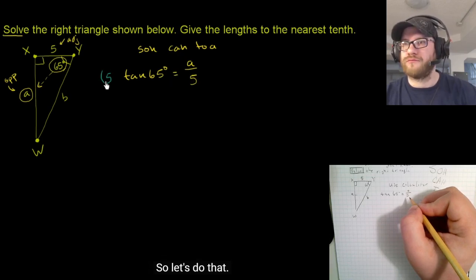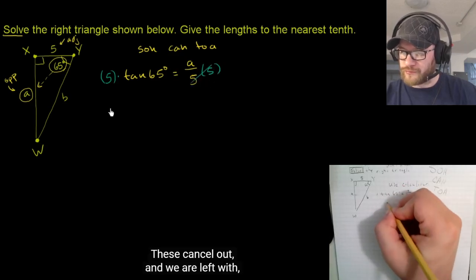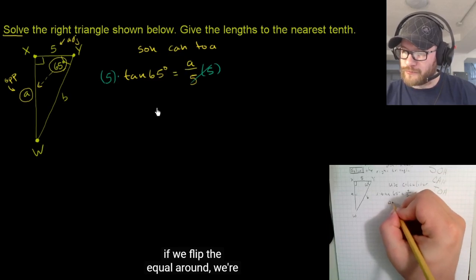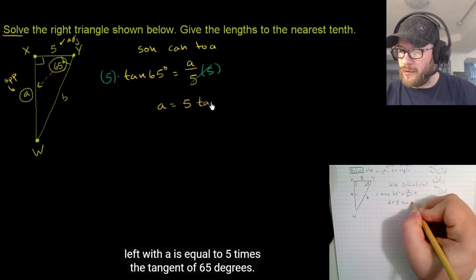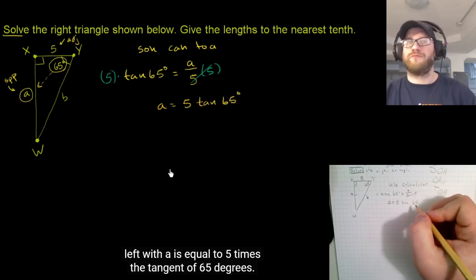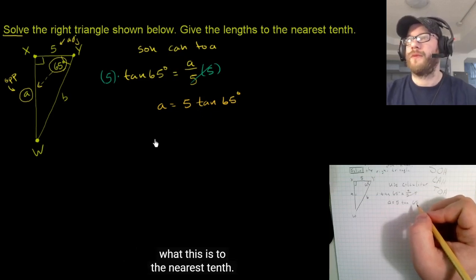So let's do that. 5 times 5. These cancel out, and if we flip the equal around, we're left with A is equal to 5 times the tangent of 65 degrees. So now we can get our calculator out and figure out what this is to the nearest tenth.